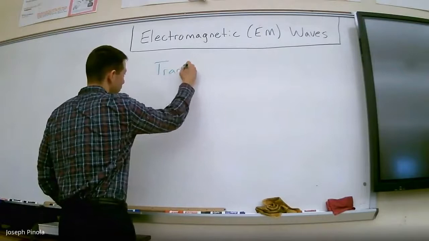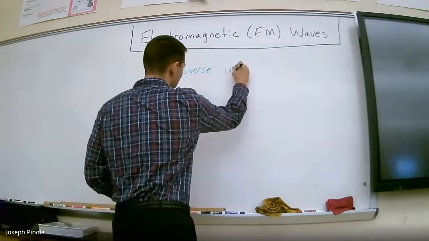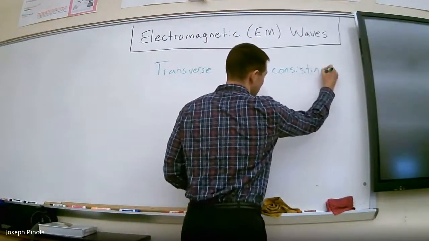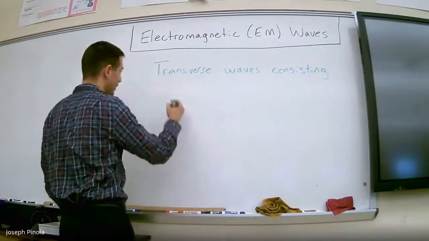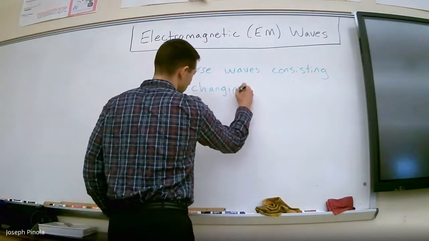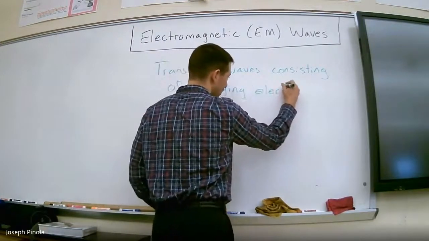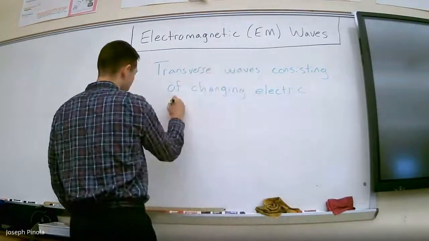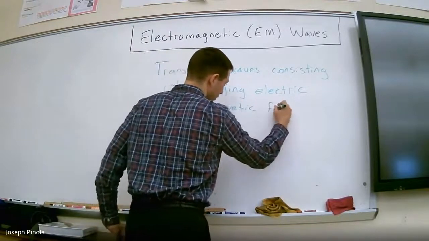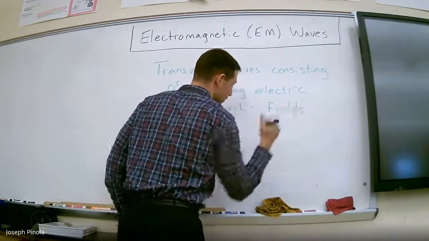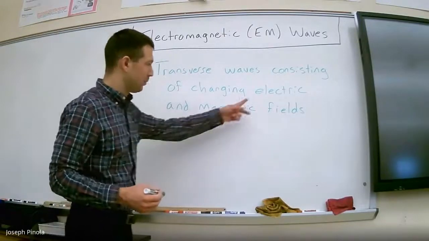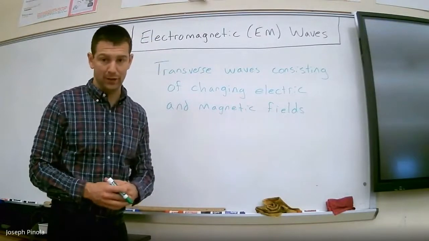They are transverse waves consisting, or made up, of changing electric and magnetic fields. Maybe now you can see why it's called an electromagnetic wave, because of the presence of electric and magnetic fields.